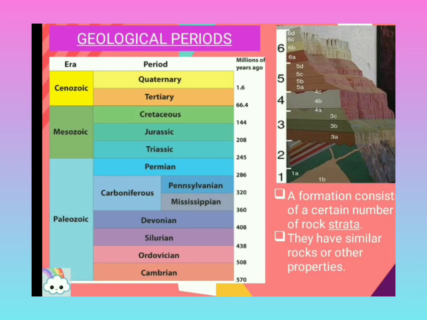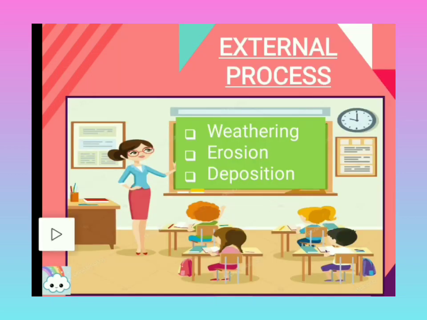The large landmass of India has been formed by internal processes during different geological periods. Besides internal processes, there are a number of external processes which cause changes in the landforms. For example, weathering, erosion, and deposition. Let us understand each term one by one.